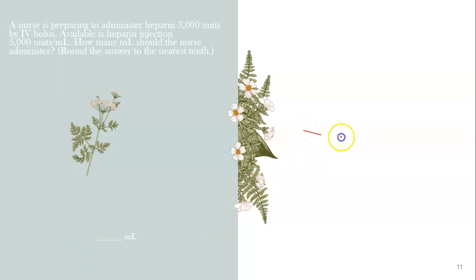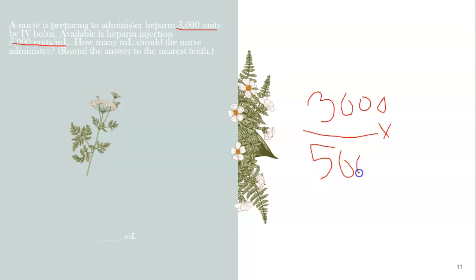Okay, so what's ordered? 3,000, 2, 3, and what is available? 5, 3, fabulous. 2, 3, in 1 mil. Isn't that the same thing, regardless if it says milligrams or anything else?